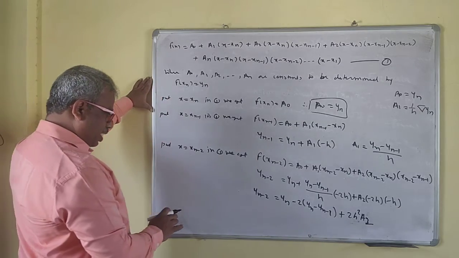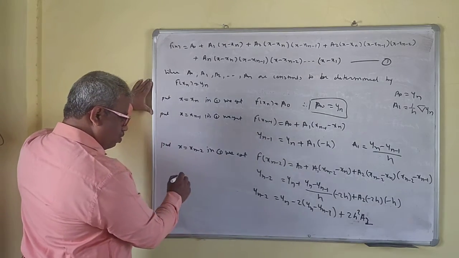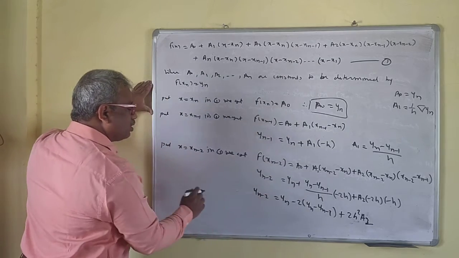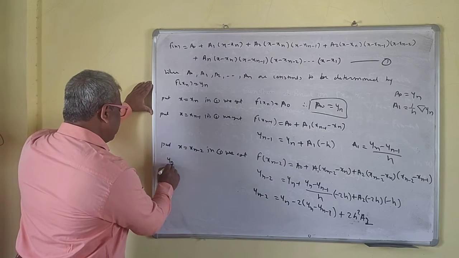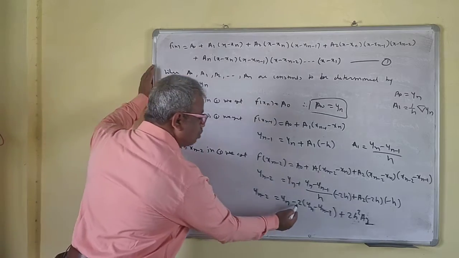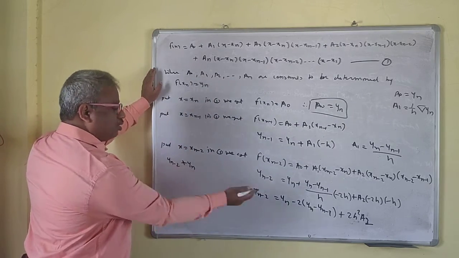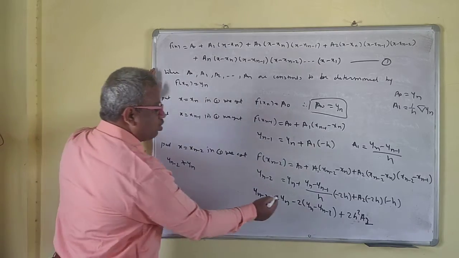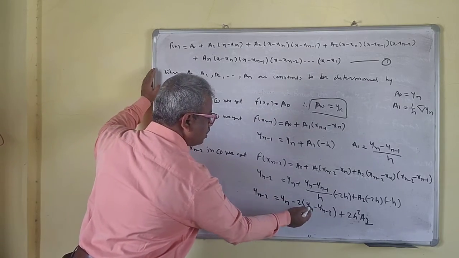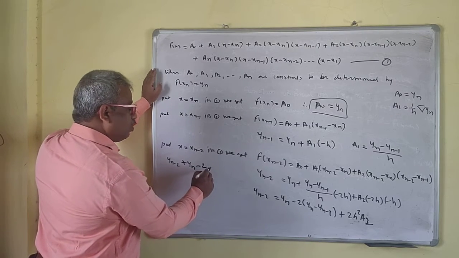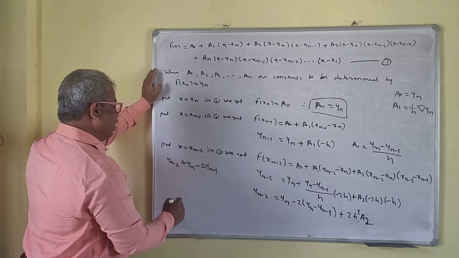Okay, so what do I get? So this is yn minus 2. I will shift all these things here. So yn minus 2 will be as it is here. This is minus 2 times yn minus 1, and plus yn will be here, minus yn now. Then shifting this, it will be minus 2 times yn minus 1.